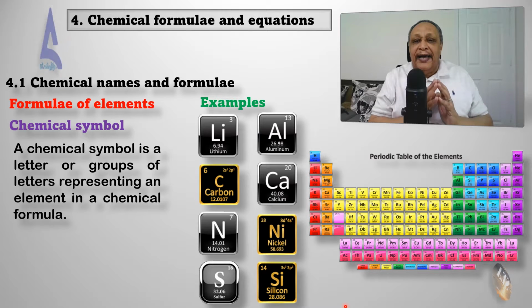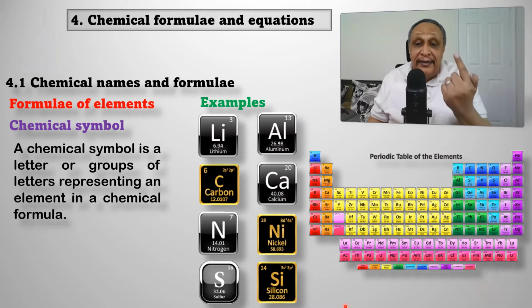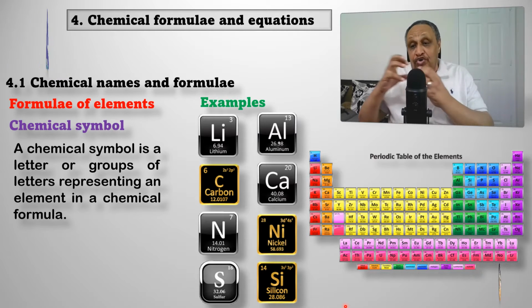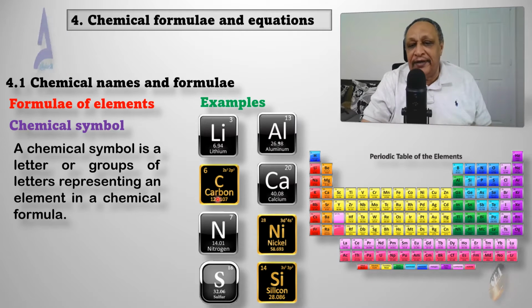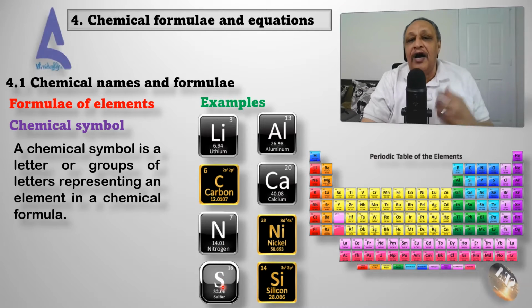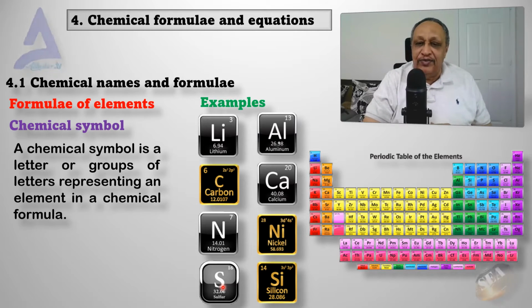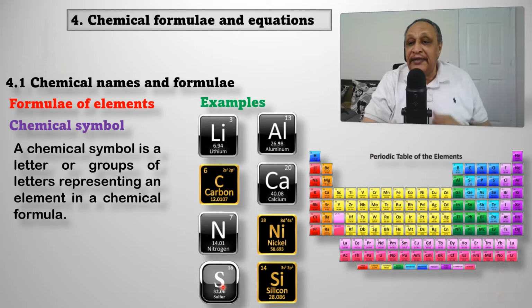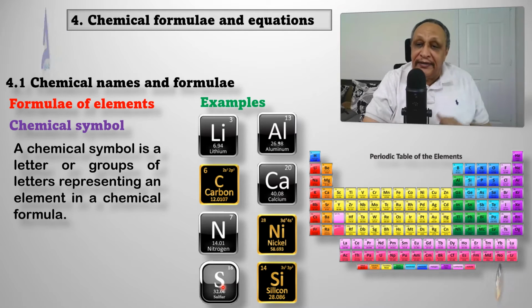Each symbol is either one letter or a group of letters. For example, carbon is one letter, nitrogen is one letter, sulfur is one letter, oxygen is one letter, hydrogen is one letter, fluorine is one letter, phosphorus is one letter, boron is one letter.